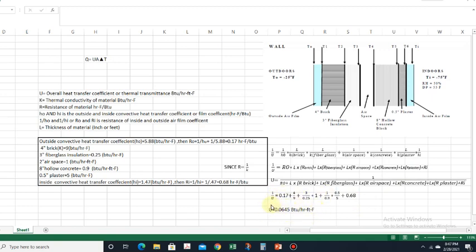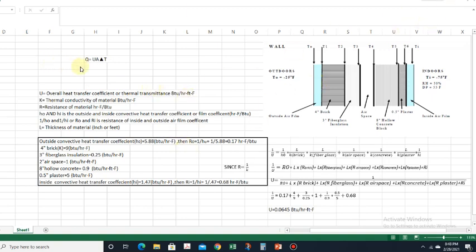This is nothing but the overall heat transfer coefficient, that describes how much heat can be transferred from outside to inside with the use of this material.